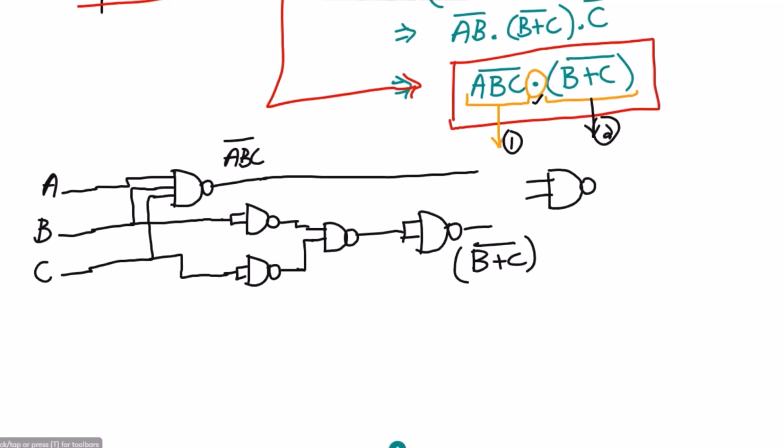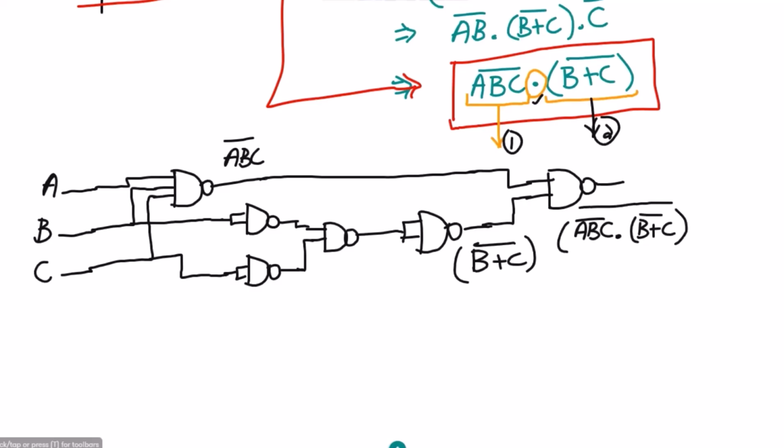Okay, two input NAND gates. So first the input is here, the second one is here, while at the output of it, I will get (ABC whole complement dot B plus C whole complement) with the whole complement over it.